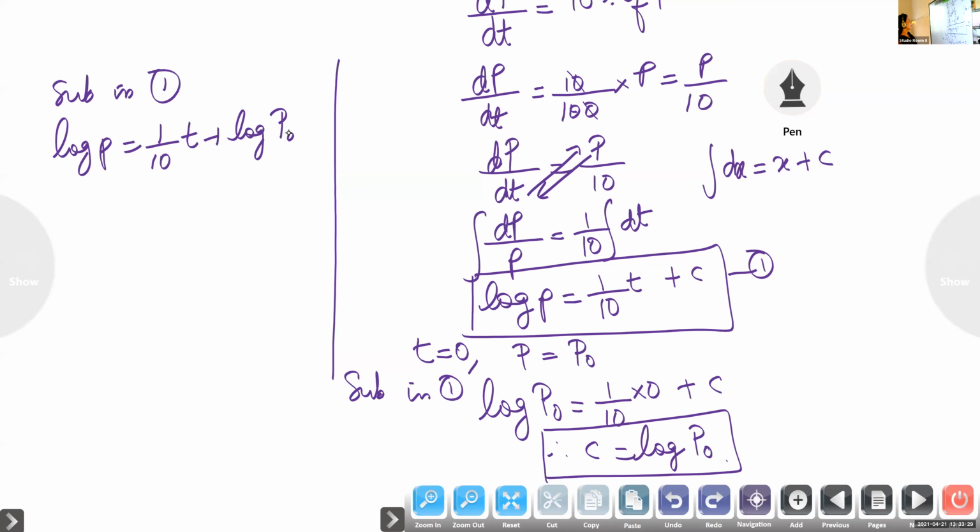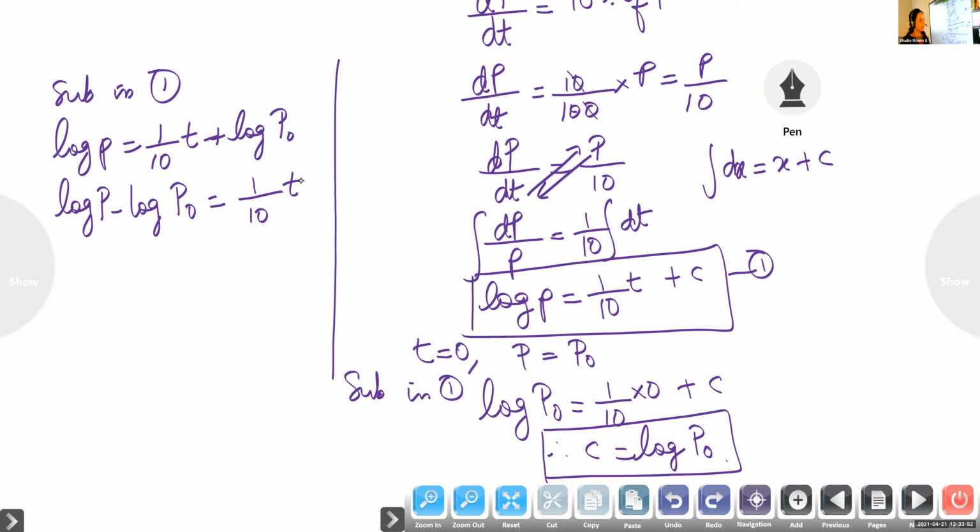Okay, children. So now we are substituting the value of C there. C is log P naught. When you substitute it, log P is equal to 1 by 10T plus log P naught. Now take log P naught to the other side. So log P minus log P naught is equal to 1 by 10T. Is it okay?